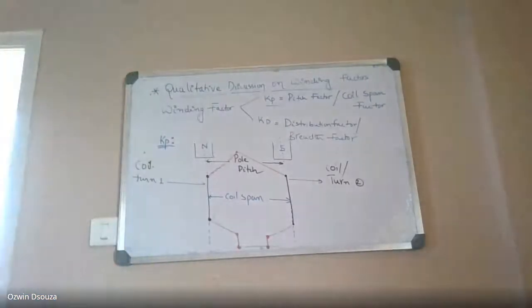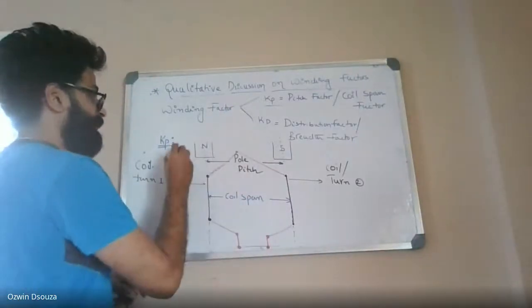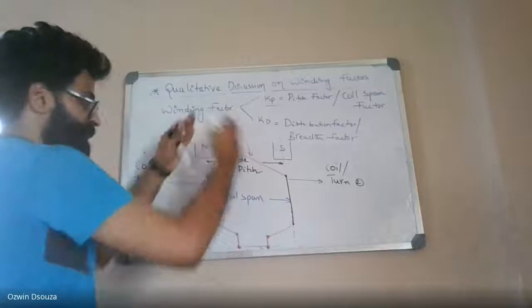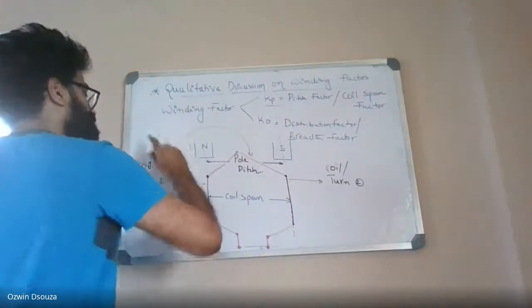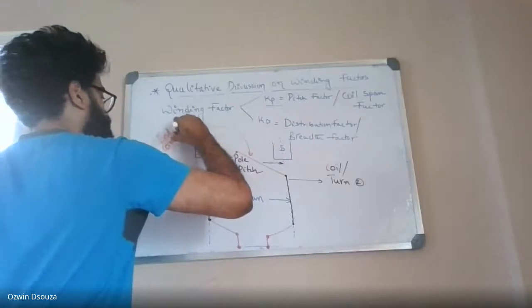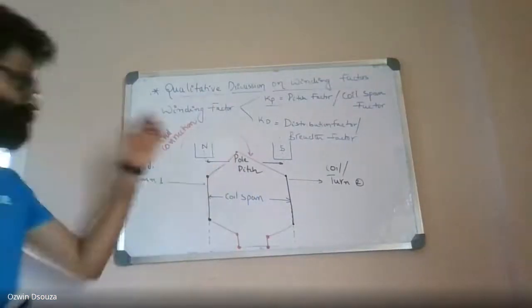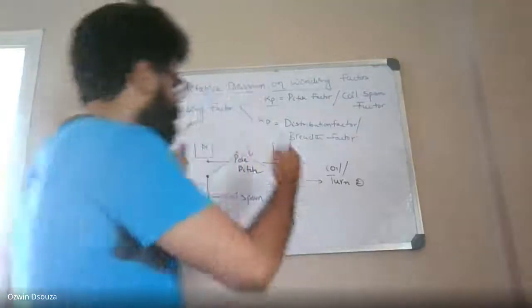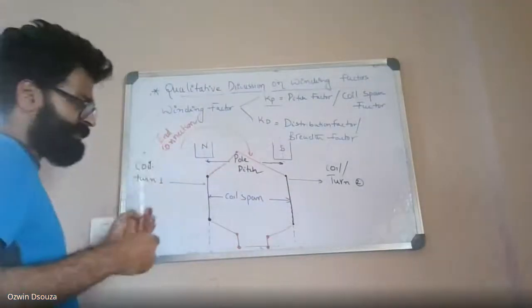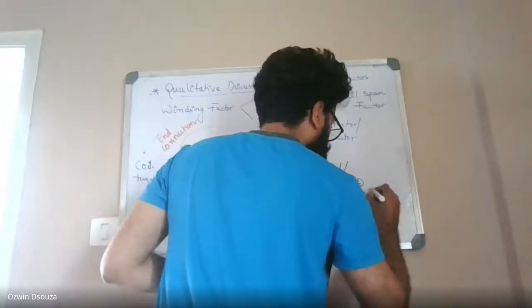This is how the two turns are connected, and the triangular shape is called the end connection. The turns as well as the end connections are all made of copper.